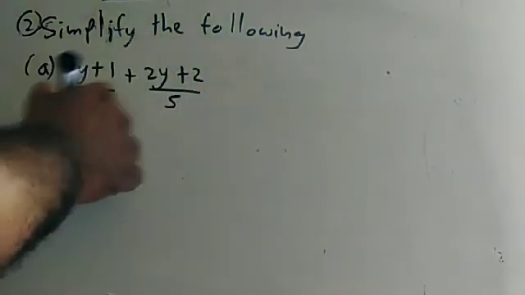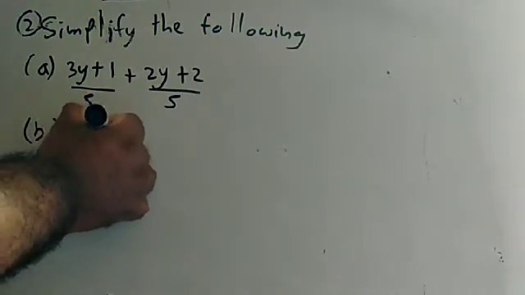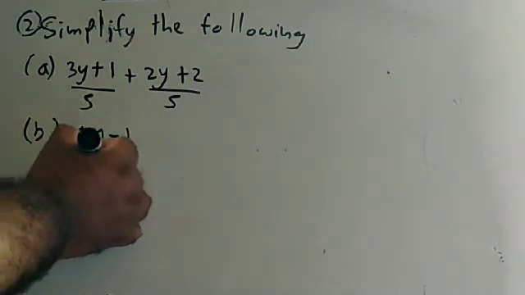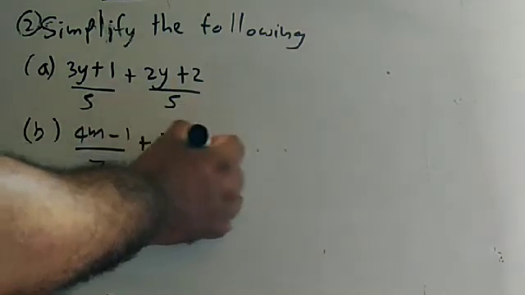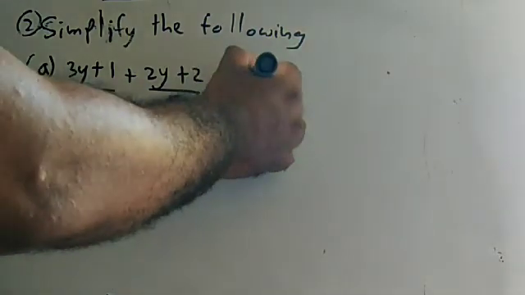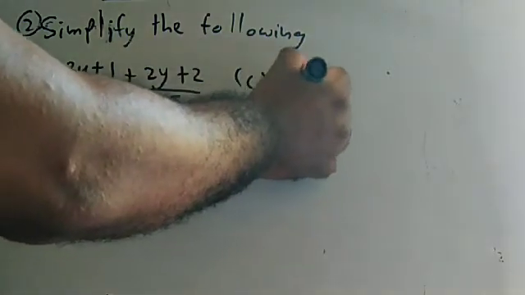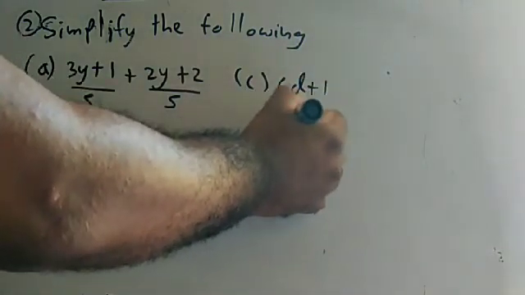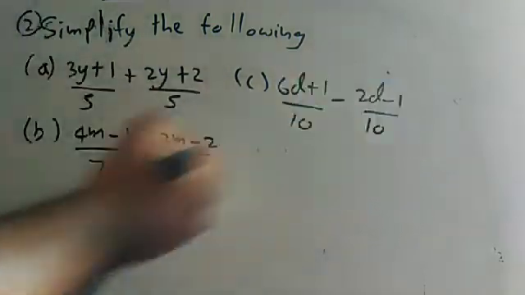You can see denominators are equal. B: (4m - 1)/7 + (3m - 2)/7. C: (6d + 1)/10 - (2d - 1)/10.